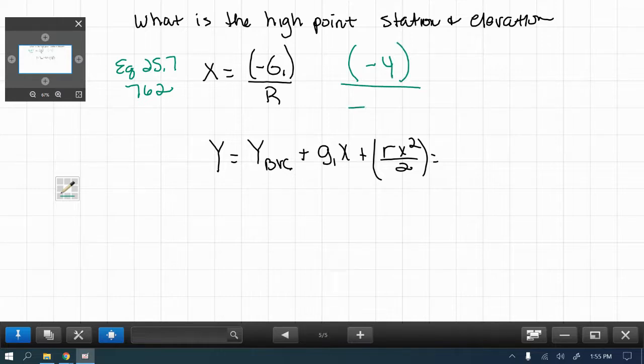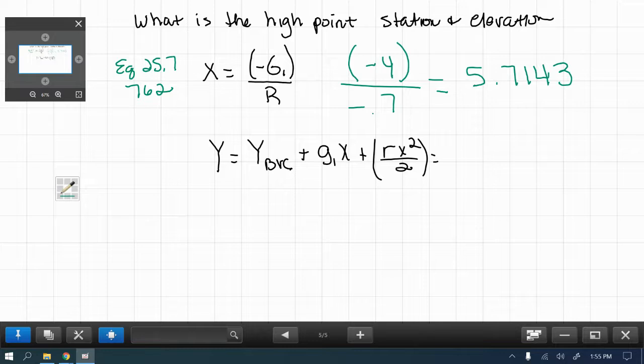And our R is a negative 0.7. That gives me 5.714.